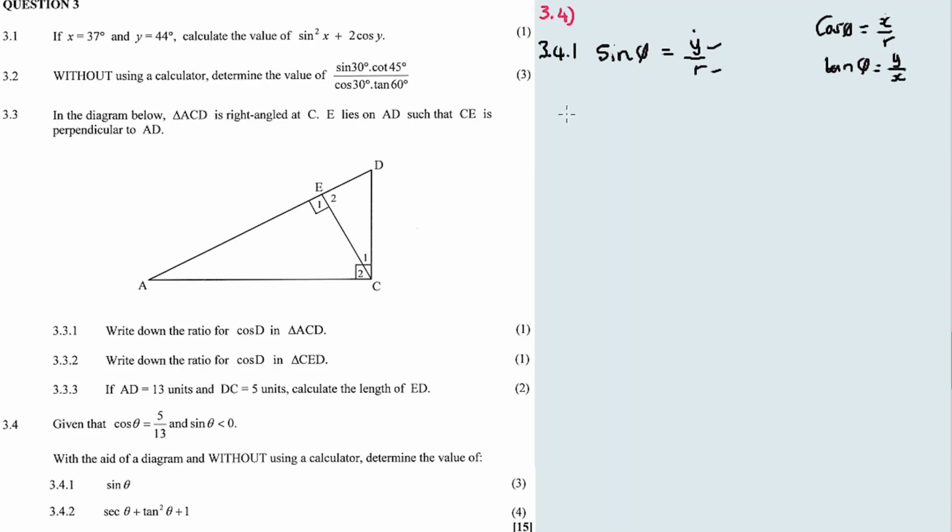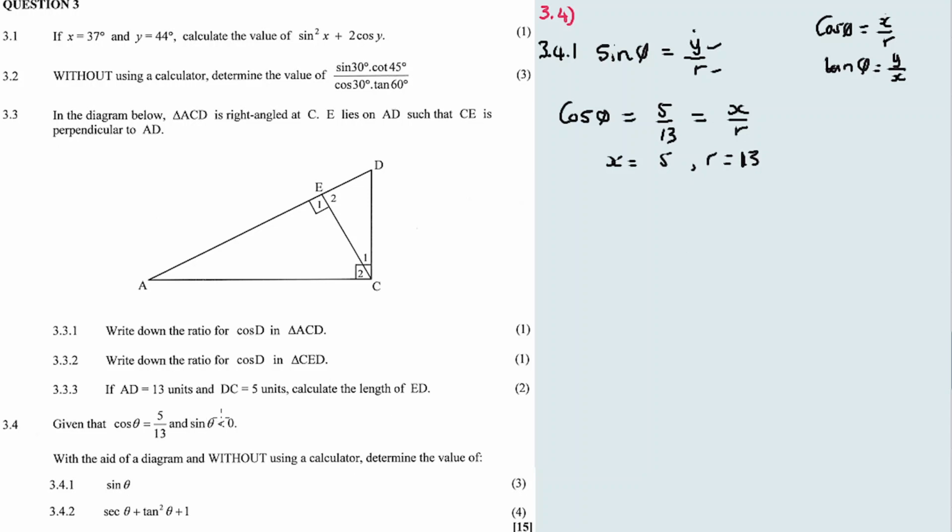Basiphe ubani cos theta. We're given that cos theta is equal to 5 over 13, and then 5 over 13 is the same as x over r. Therefore we can see that x is equal to 5, which is positive, and then r is equal to what? 13.